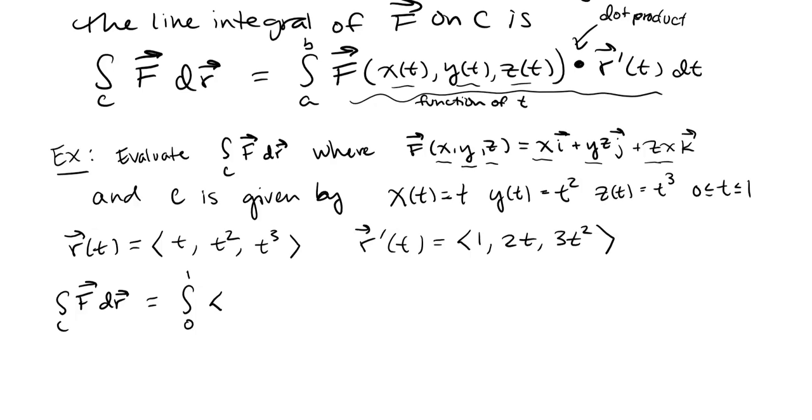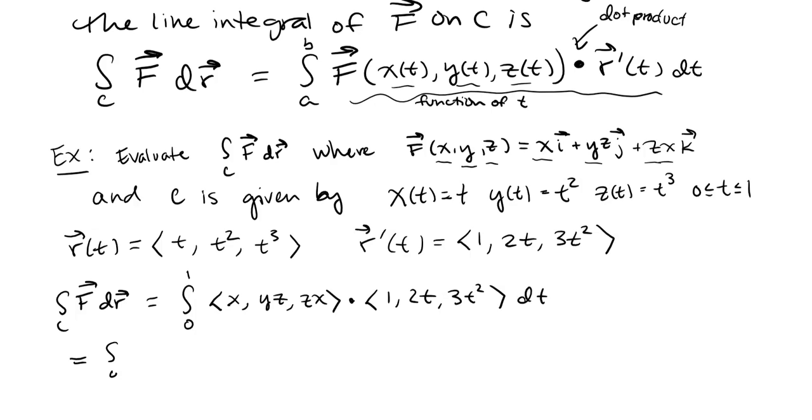So if I write it in terms of x, y, and z first, it would be x, yz, zx. And we're going to dot that with r prime, which is 1, 2t, and 3t squared. And we're going to do this dt.